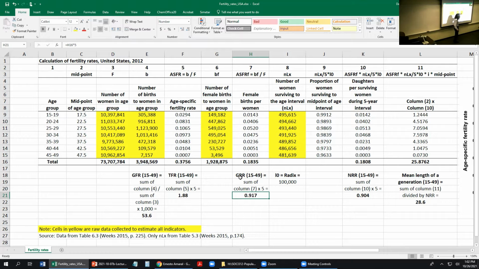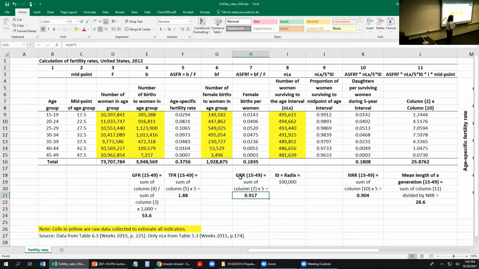And then 98.9 are surviving up to 22, and up to 96.3 are surviving to the age of 47.5, right? So we are just saying what's the proportion of women surviving to the midpoint of that age interval.